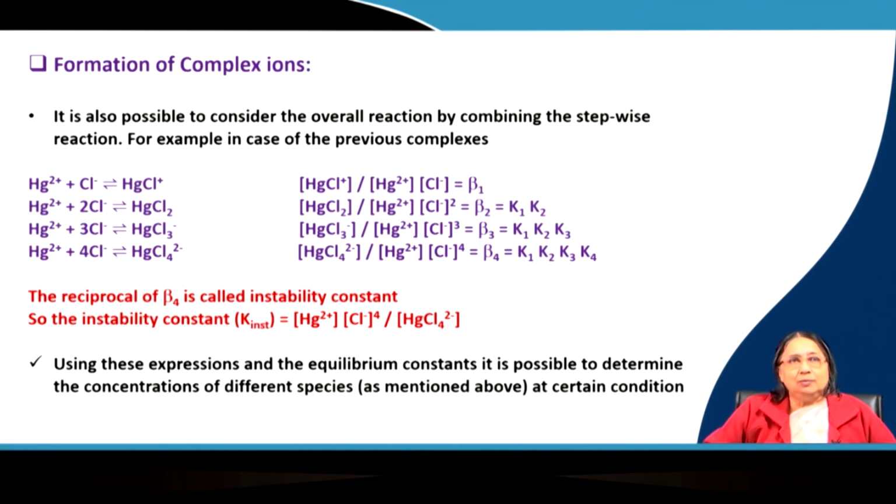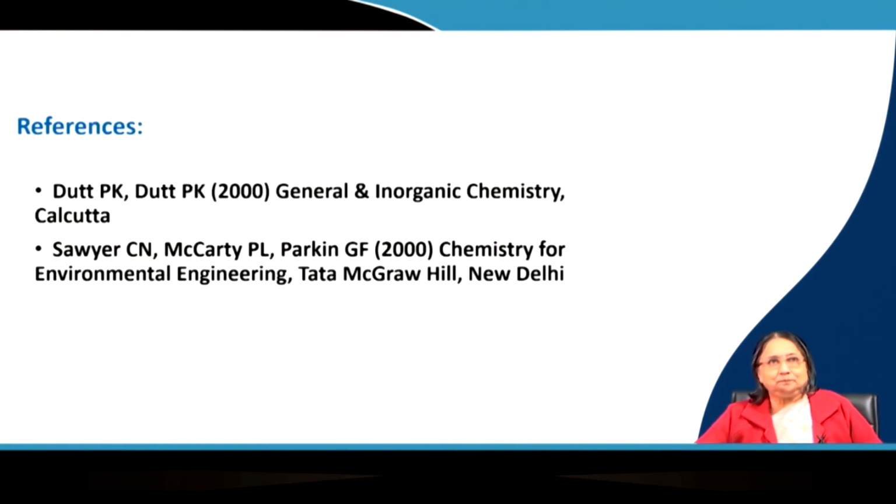All species, how much is present. If you know the equilibrium expressions and the K values, then you can easily tell the concentration of each species. Okay. This is a very complex case, but the previous one, like silver amine complex, is a very simple case. In that case also you can determine that.